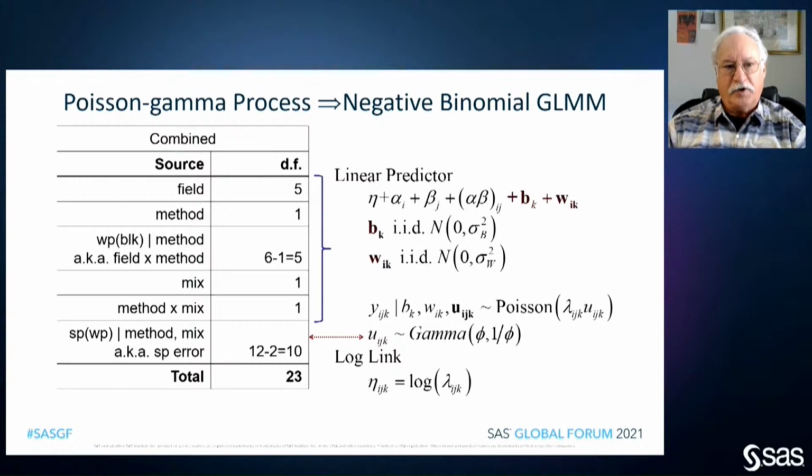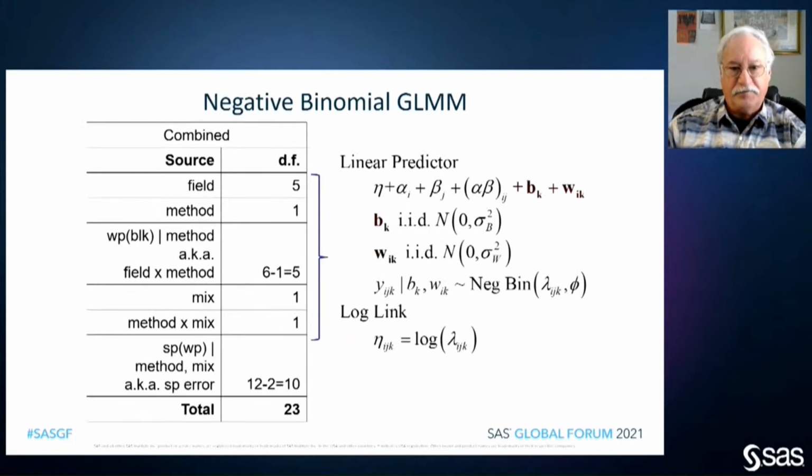So this is what's called a Poisson-gamma process, and the assumption is that the rate parameter varies at the unit level according to a gamma distribution with a mean of 1. So its parameters are phi and 1 over phi respectively. So if you integrate out the unit level effect, you end up with a negative binomial distribution.